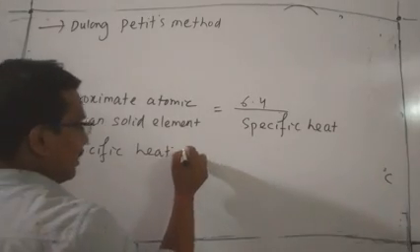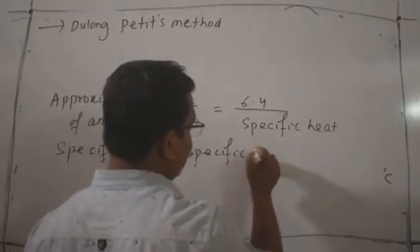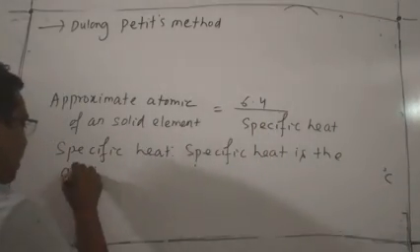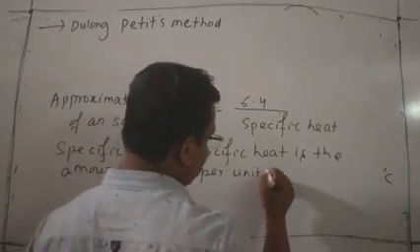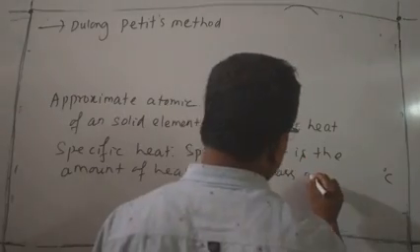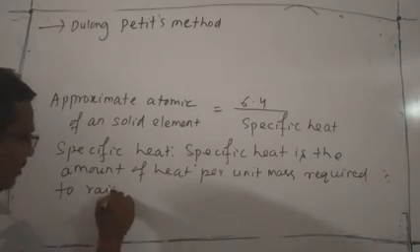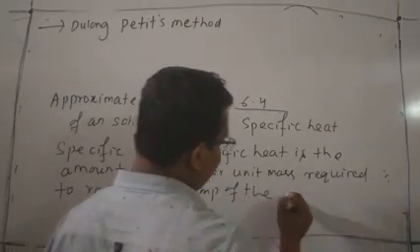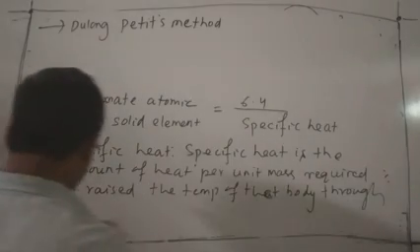Specific heat is the amount of heat for unit mass required to raise the temperature of that body through 1 degree centigrade.